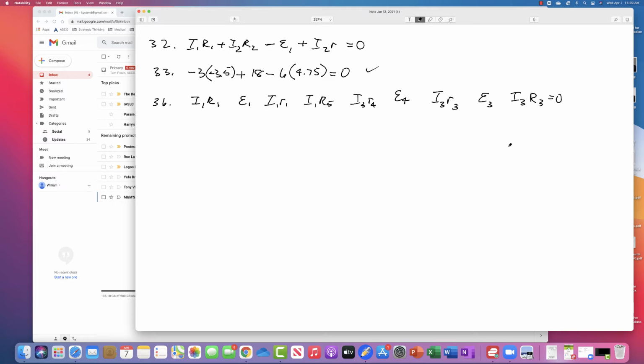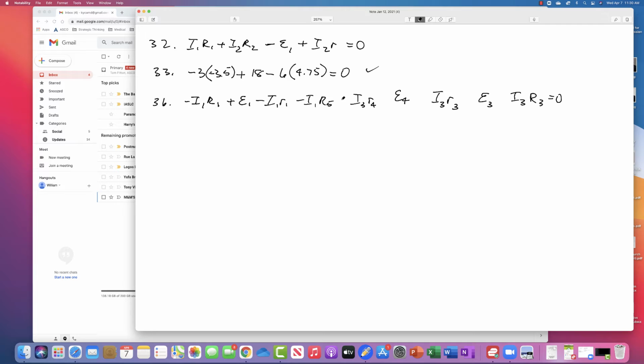Okay, so with I1 R1, we're going in the same direction as the current, so that's a negative. E1, we're going from negative to positive on the battery, so that's plus. I1 little r1 is also in the same direction as the current, so that's a negative. I1 R5 is in the same direction, so that's a negative.